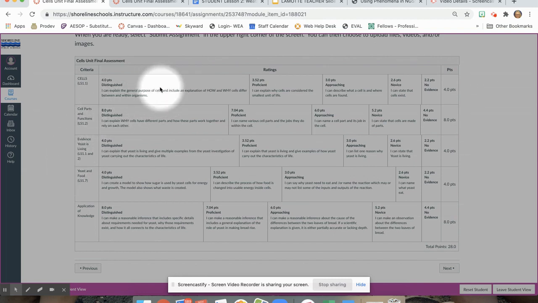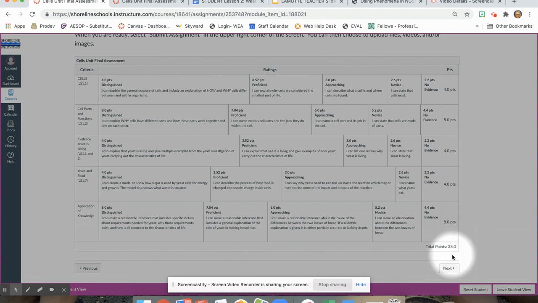You will get a score for each one of your criteria. So maybe you would get a 4 in cells and a proficient in cell parts, and maybe an approaching in yeast, and then a proficient in yeast and food, and maybe a distinguished in your application of knowledge. So that is going to equal a certain amount of points that will add up, and you will get the percentage out of 28.